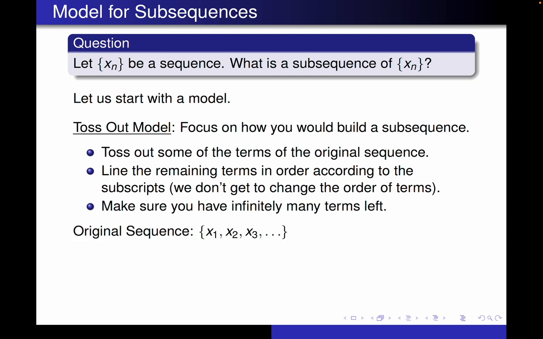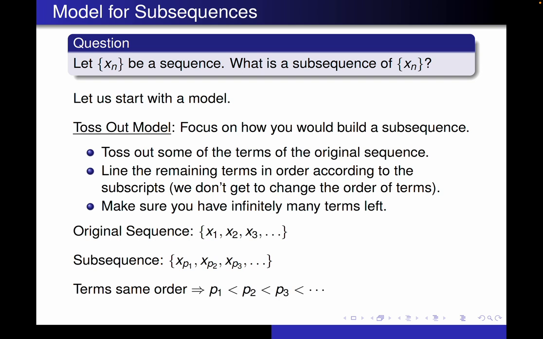So our original sequence is x1, x2, x3, etc., going off to infinity. Our new subsequence is x sub p1, x sub p2, x sub p3, etc. Remember that the terms are in the same order, which means that p1 has to be less than p2, which has to be less than p3, etc. That means if we look at the pn's, that actually forms a sequence itself, and it's a strictly increasing sequence.